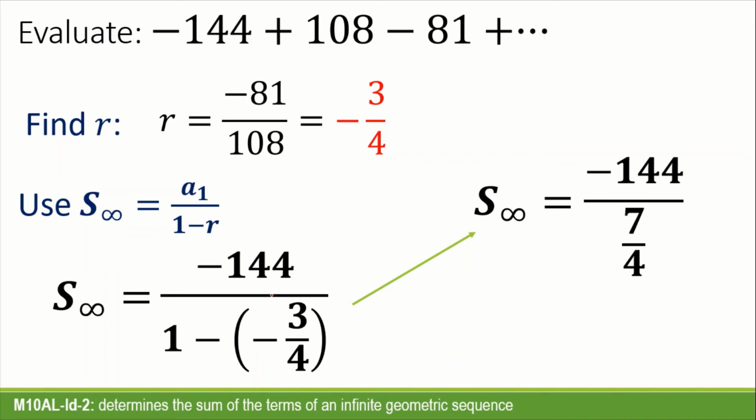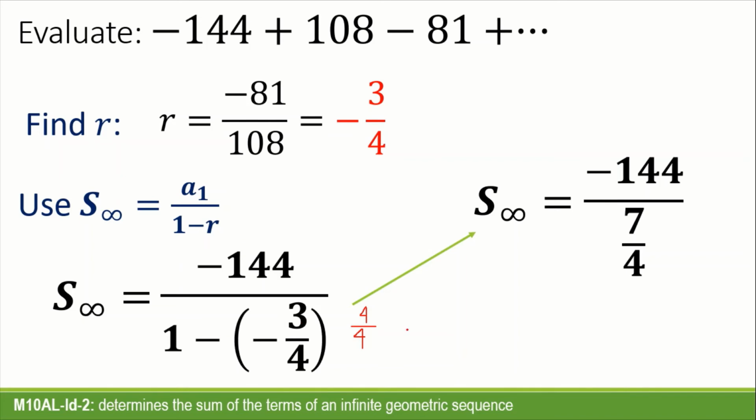So that you won't be confused, when our common ratio is negative, we enclose it in open and close parentheses. Then, we simplify our denominator. So, we express 1 in fractional form as 4 over 4, because we made it the same as the denominator of the fraction 3/4.